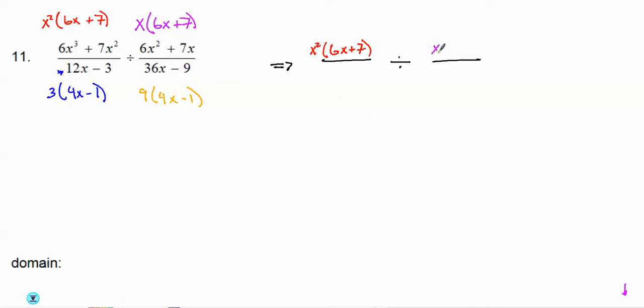Here I have x times 6x plus 7. I have 3 times 4x minus 1. And I have 9 times 4x minus 1.